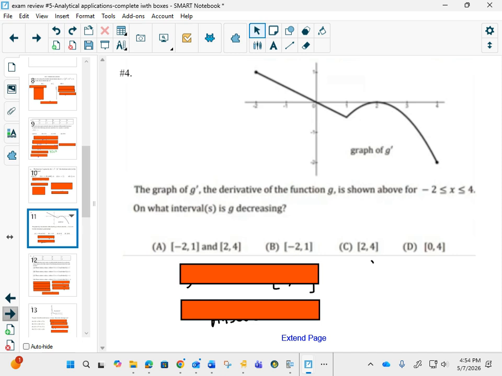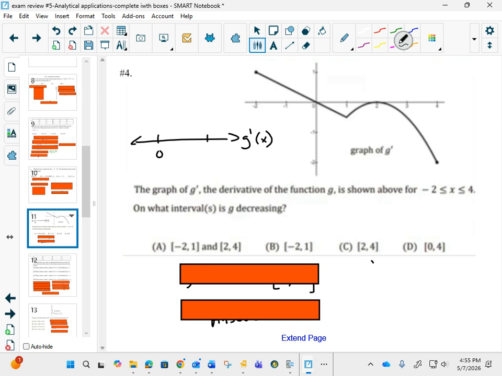Here we have the graph of g prime. The derivative of the function g is shown above from -2 to 4. When is g decreasing? So if this is g prime, and I drew a number line here for g prime, I have possibly 0.